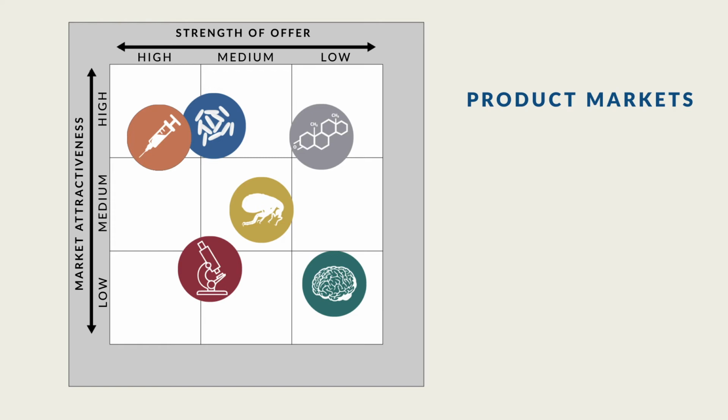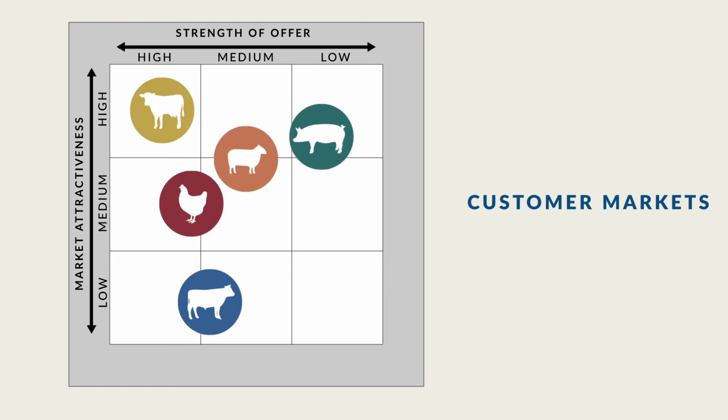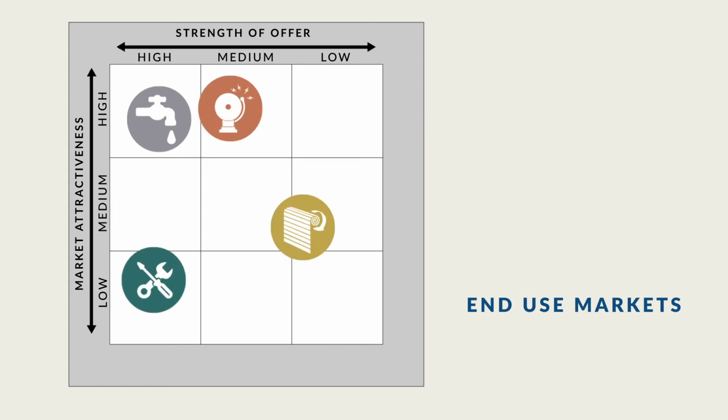And the same animal health company could evaluate customer markets, such as beef cattle, dairy cattle, pigs, poultry, sheep, and equine. End-use markets are when one single product can be used in different sectors. So, for example, a mobile technology company might target the plumbing sector, or the building maintenance, or industrial doors, or fire and security, or specialist cleaning, or plant hire.